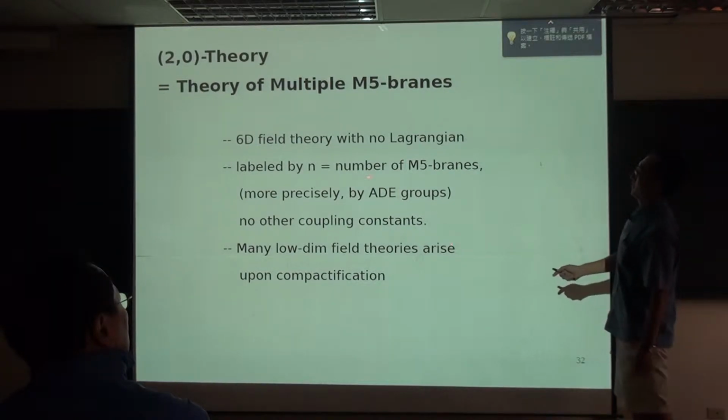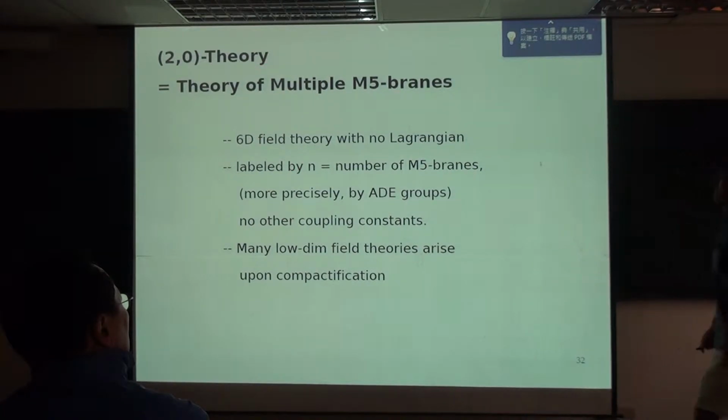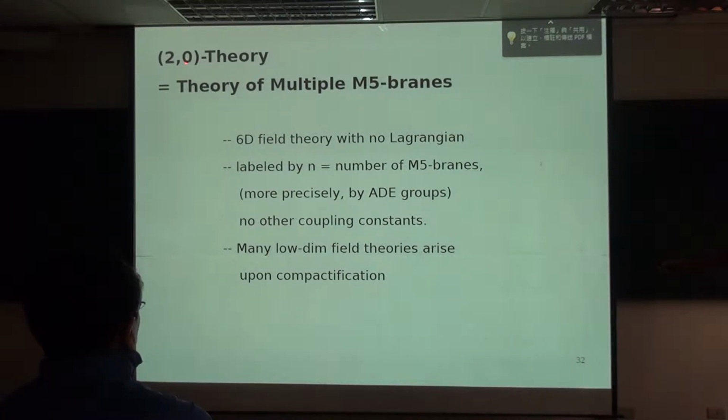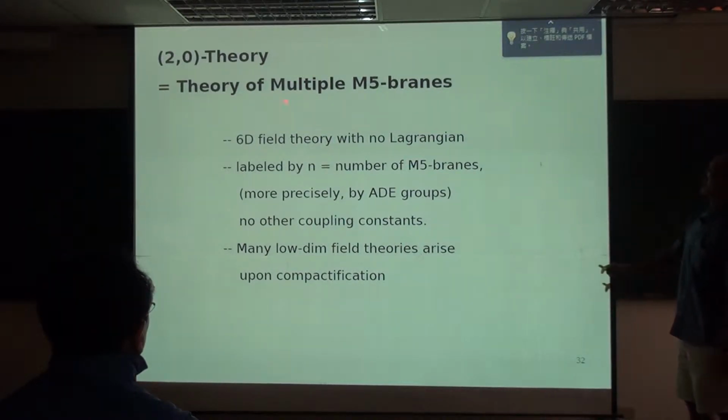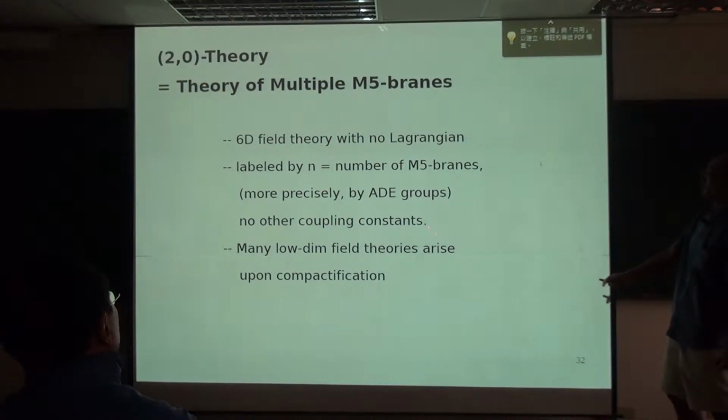And there are very, very interesting properties of this (2,0) theory. First of all, this (2,0) theory is labeled by N, the number of M5 branes, or more precisely, we know of the existence of the (2,0) theory labeled by the ADE classification of Lie algebras. And what is more important is that this theory doesn't have any adjustable, continuously tunable coupling constant whatsoever.